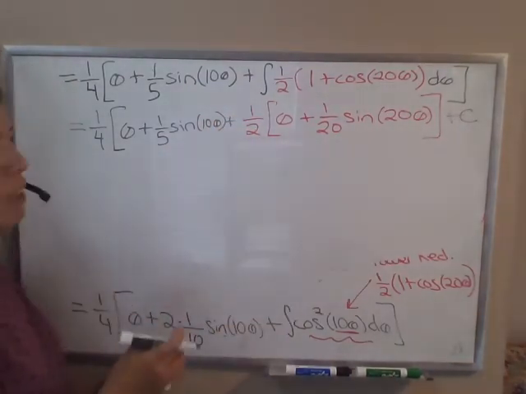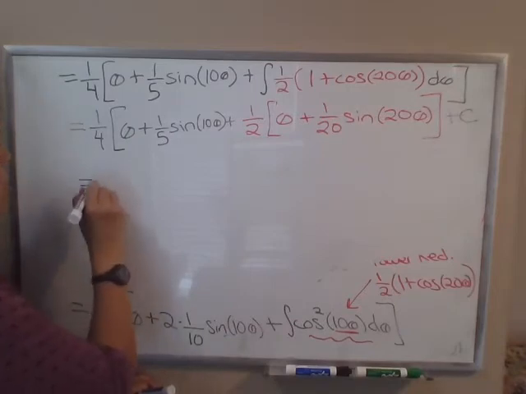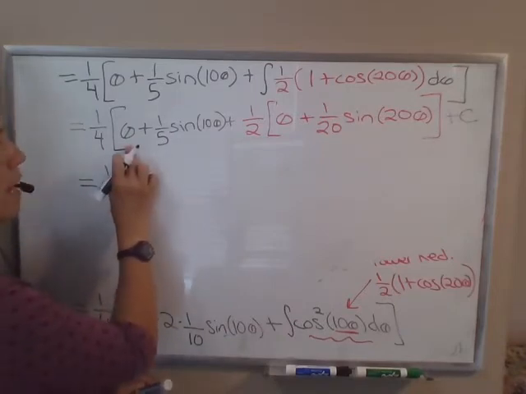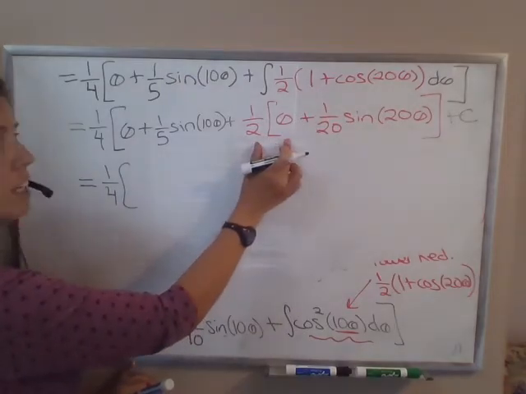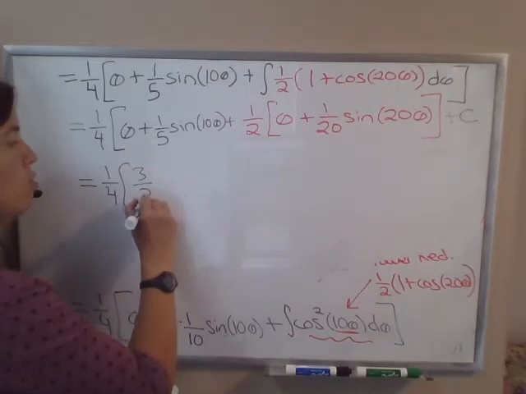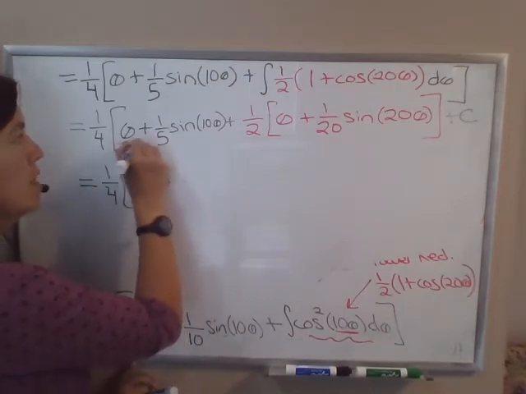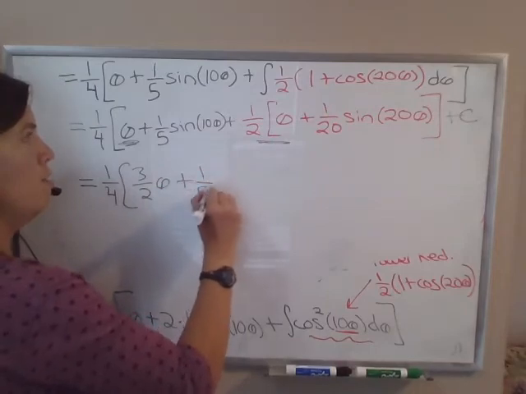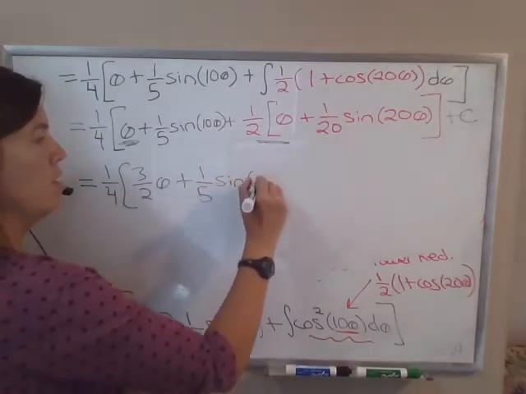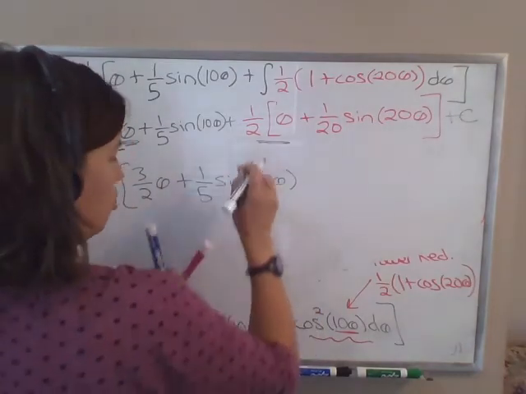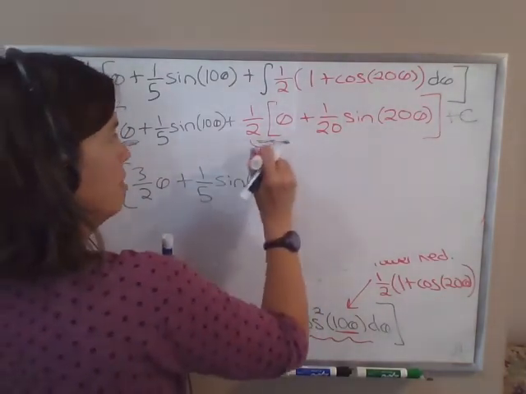We should clean this up a little bit. So first of all, you have 1 theta here plus 1/2 theta here. So think of that as 2 over 2 plus 1 over 2. So this is 3/2 theta when you combine this with this. And then 1/5 sine of 10 theta. Don't forget to distribute this 1/2.